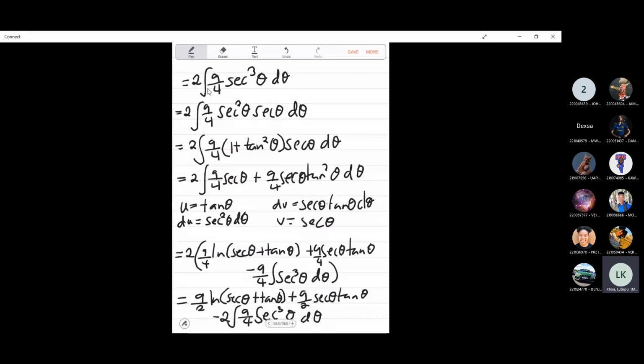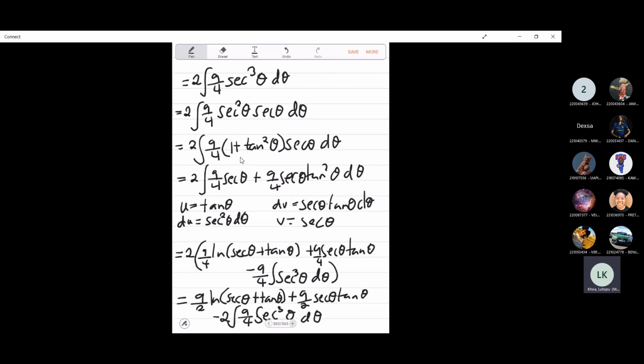So this one here is what you have on the right hand side. This is what you have on the left hand side. So you can combine them, and then you see one is negative, the other one is positive. When it goes to the other side, they are both positive.